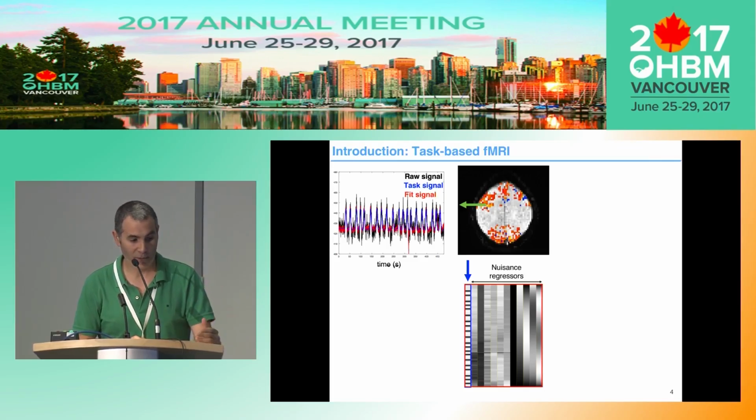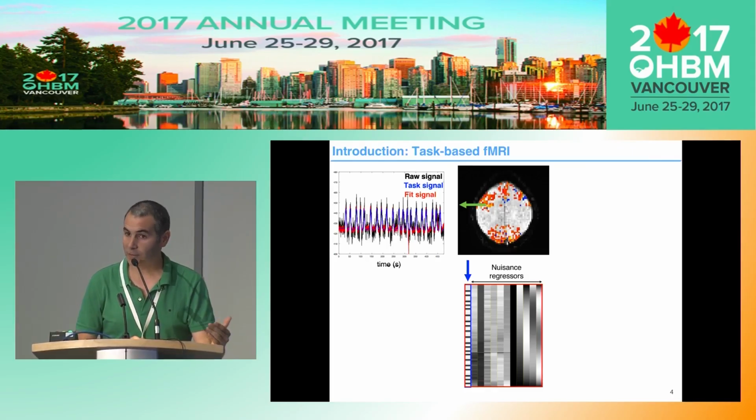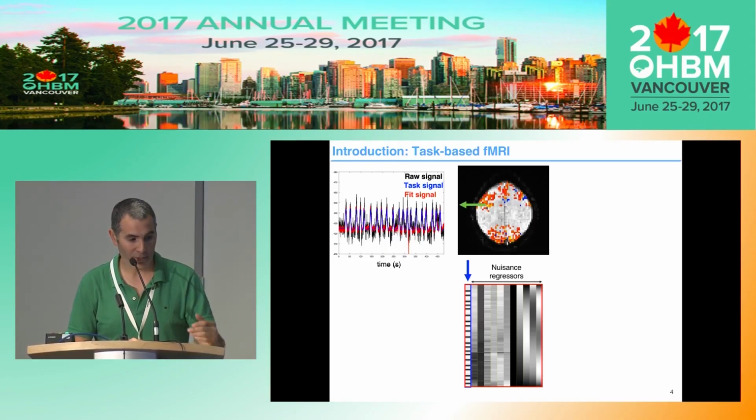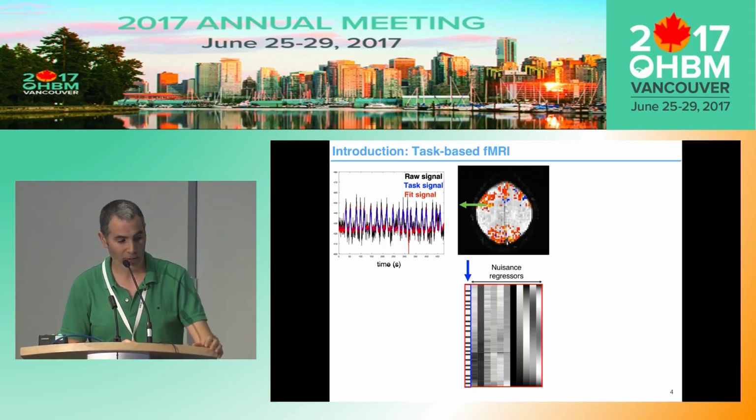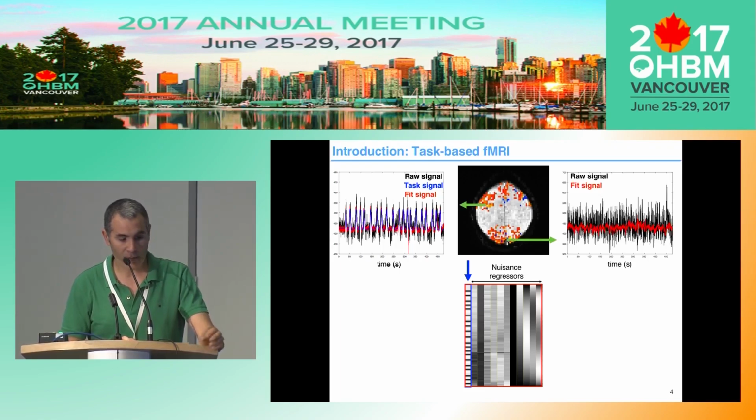We could also add nuisance regressors trying to explain other fluctuations in the signal, and we fit the entire model to the signal. The fitted signal is the red curve that you see. And you fit that to all the voxels in the brain, and then you get this map.